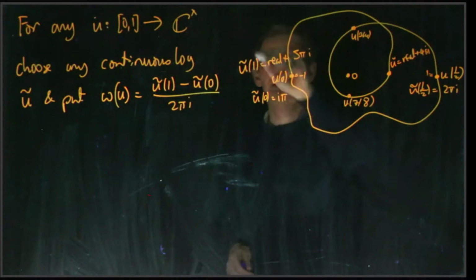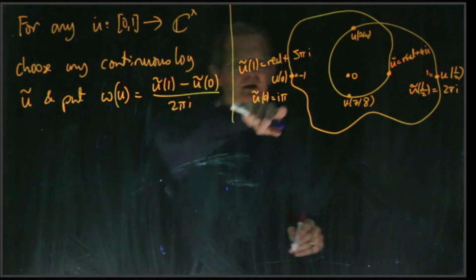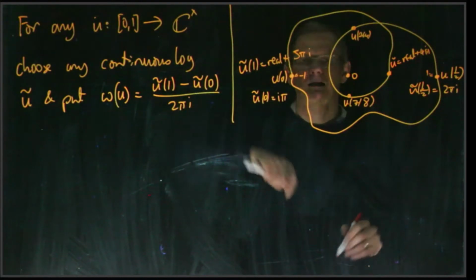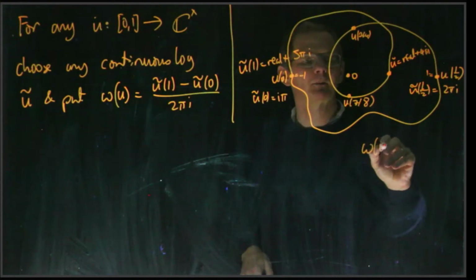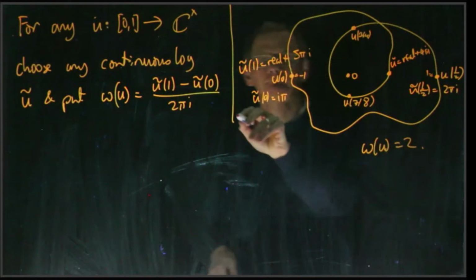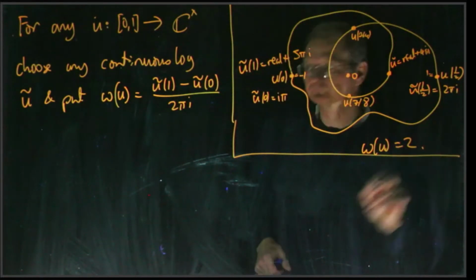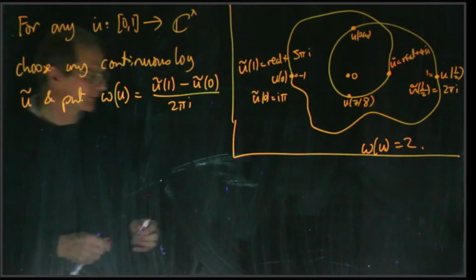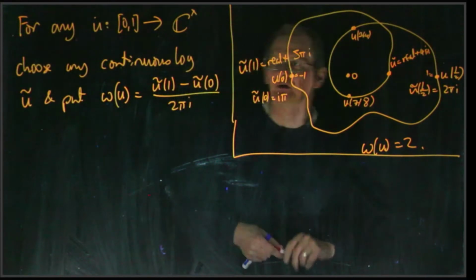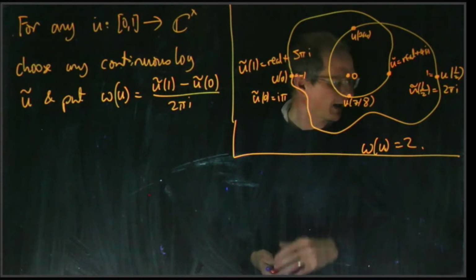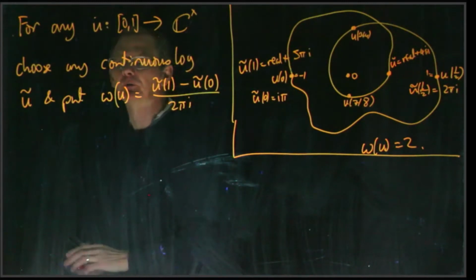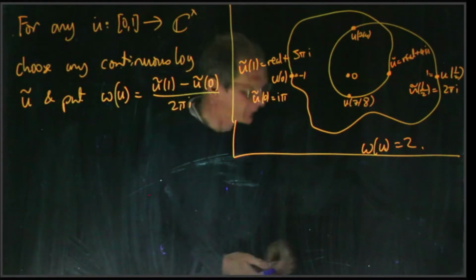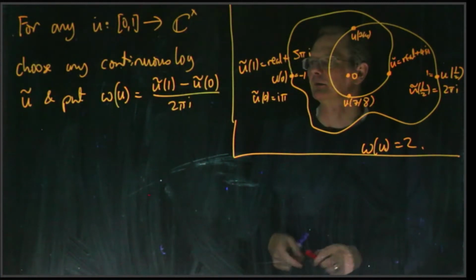So for this particular picture, the change in u tilde is 4 pi i. So this one would have omega of u equal to 2. And I say I choose any continuous logarithm, but it's easy to see that if I have two different continuous logarithms, then they differ by a constant multiple of 2 pi i, and so when we do the subtraction here, it cancels out. So it doesn't matter which choice of continuous log we use.